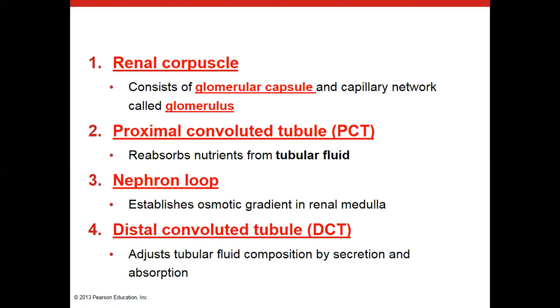And then once the urine is concentrated or diluted, it makes its way into the distal convoluted tubule, and that continues to adjust the fluid composition by secreting and reabsorbing things back into the blood. So the major job of the distal convoluted tubule, this section of the renal tubule, is that drugs and toxins and things can get secreted into the renal tubule from the blood in this part, and there's some also reabsorption.